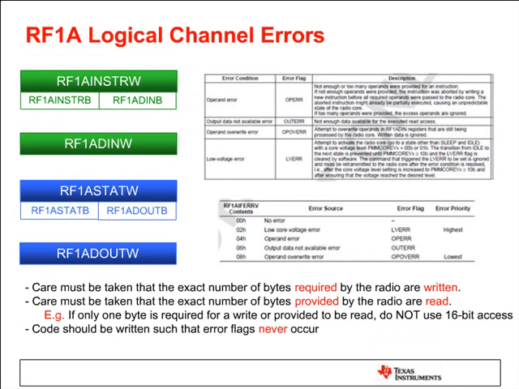So these here are the logical channel errors that you can have between them. I said that the RF1A tries to keep you honest, and it does through these logical channel errors, which can either trigger an interrupt, or they can just set a flag that says, hey, something went wrong.